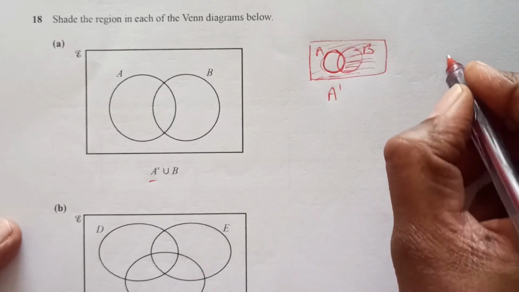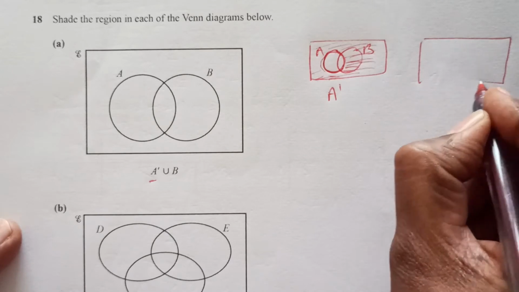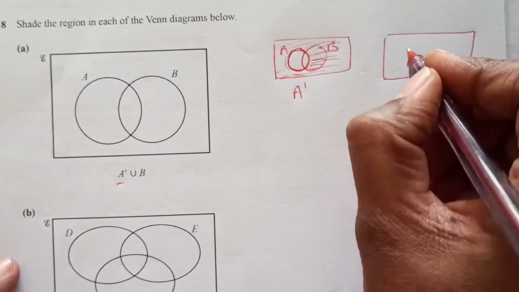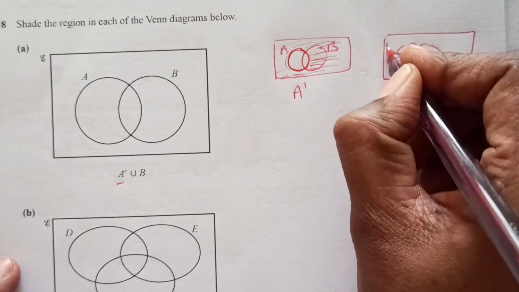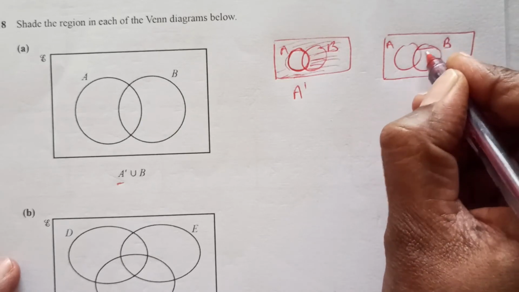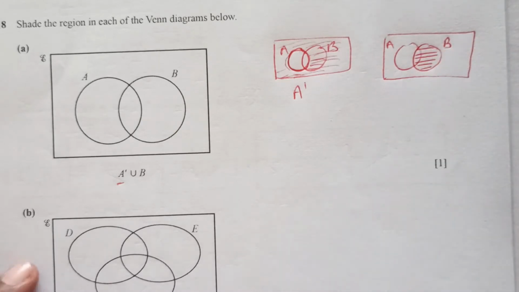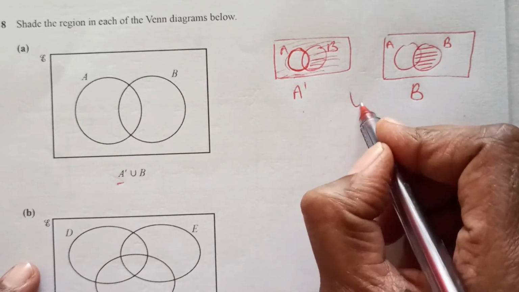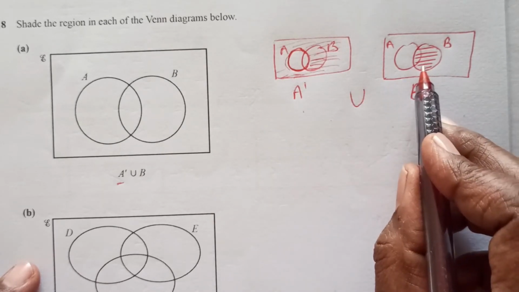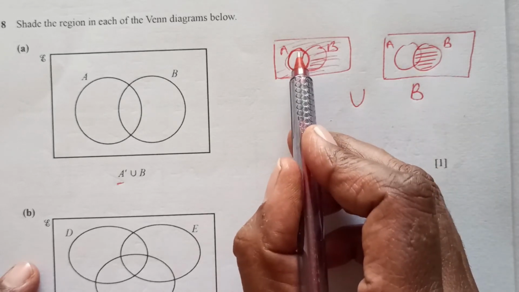Then we have B. So this is A and this is B. B is now this one. Okay, so this is B. Now we need union of these two, this and the other one. So we are just leaving this part.